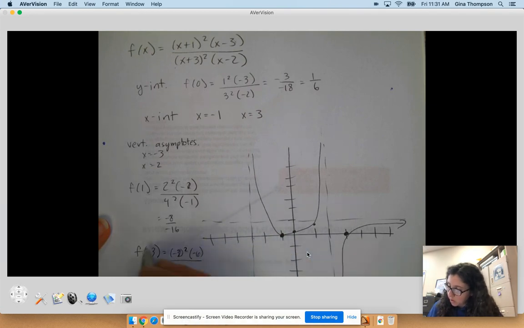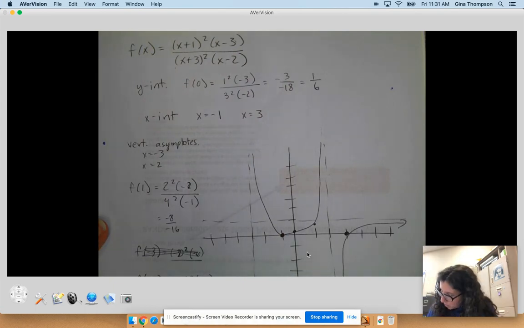Negative 3 is a vertical asymptote. Don't do that. How about negative 4? F of negative 4 is going to be negative 3 squared times negative 7 over negative 1 squared over negative 6.